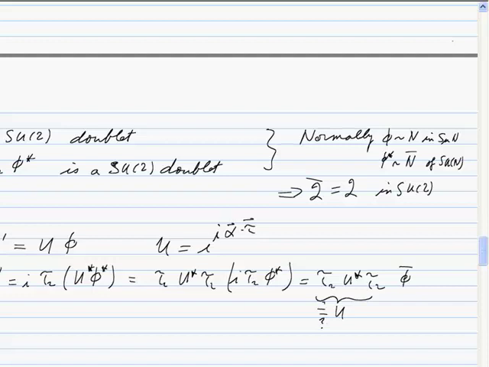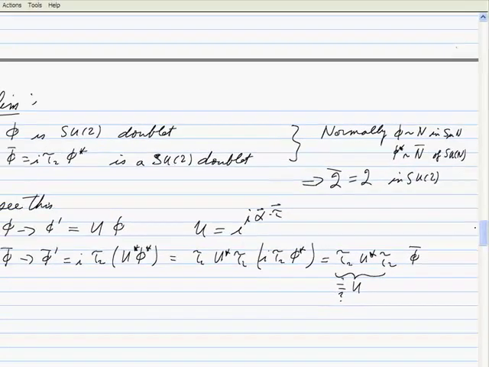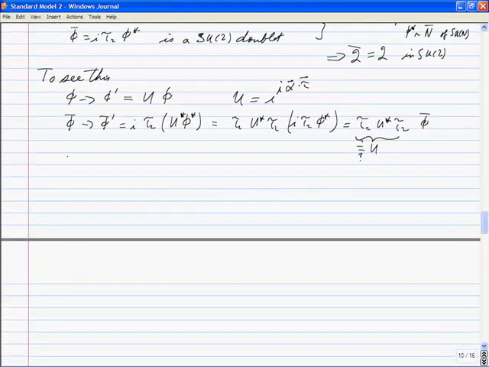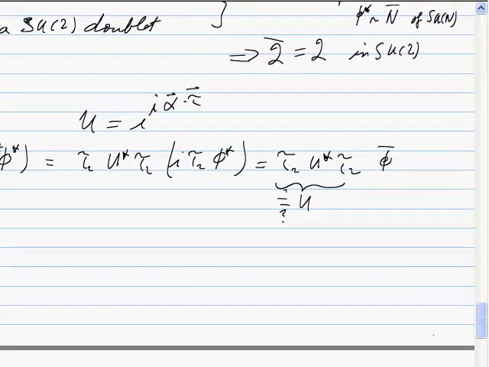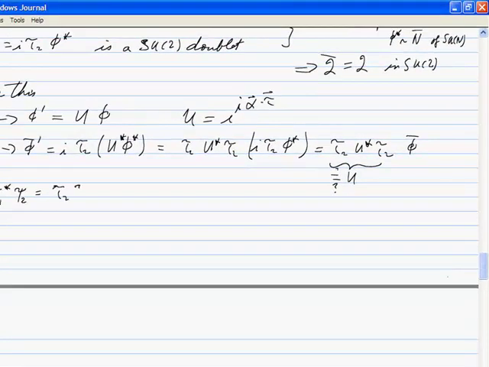Okay. So is it? Here we're going to use that tau 2 tau 1 star tau 2. Well, tau 1 star is just tau 1. There's no imaginary numbers in that. So that's tau 2 tau 1 tau 2, which is minus tau 1.